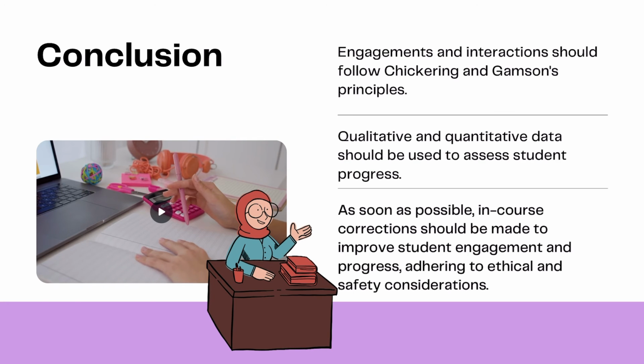Qualitative data in the form of observations can be used to inform student participation, and quantitative data gathered from grading projects and tests assess individual performance and student progress. By identifying and following up closely with students falling behind, it is easy to quickly make in-course assessments and corrections to improve student engagement.